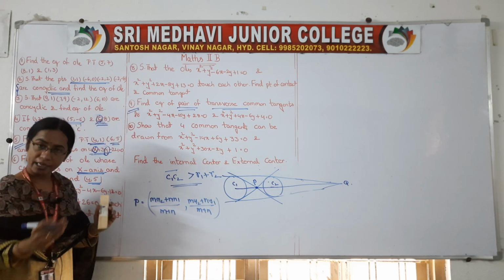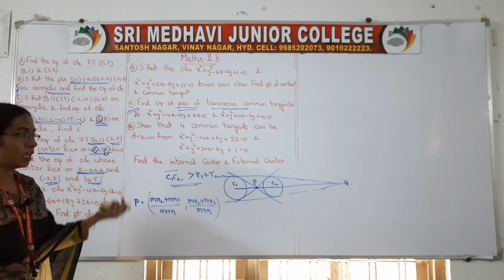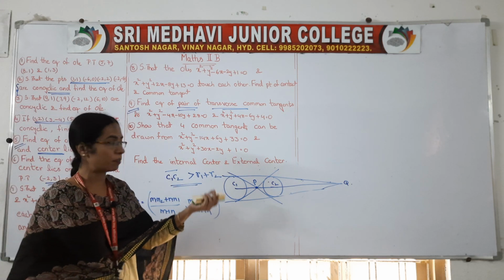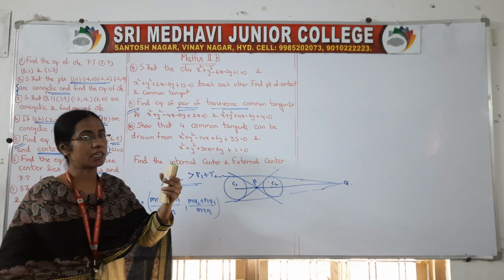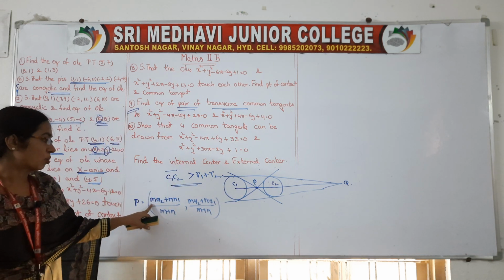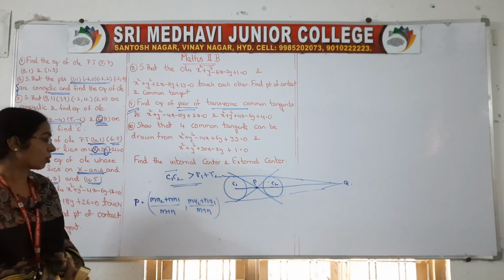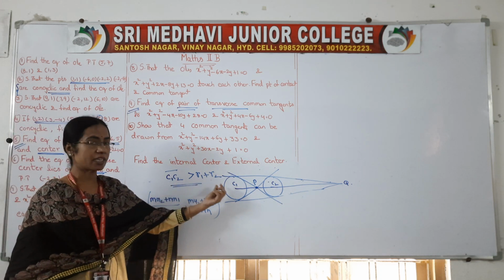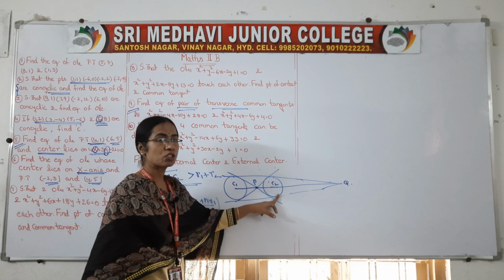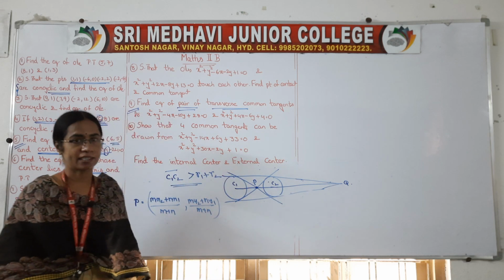Right? This is internal cutting, right? P is the internal center. P divides C1, C2 in the ratio R1 is to R2. So here m and n are R1, R2, and x1, y1 is the first center and x2, y2 is the second center.